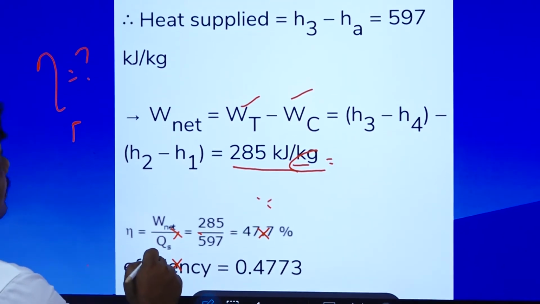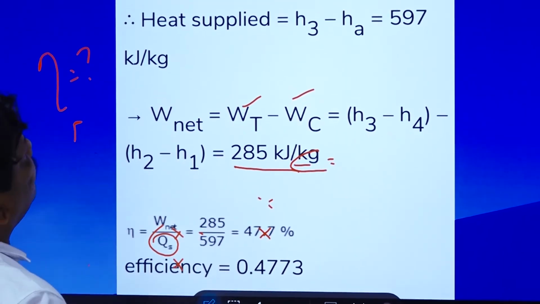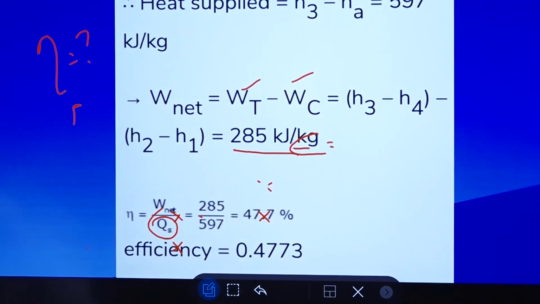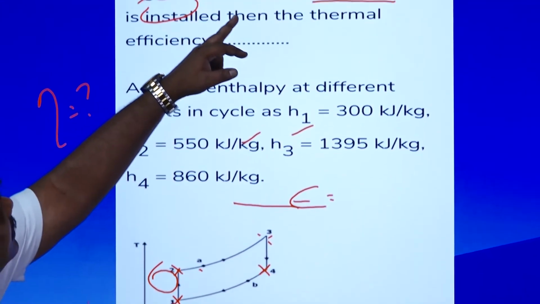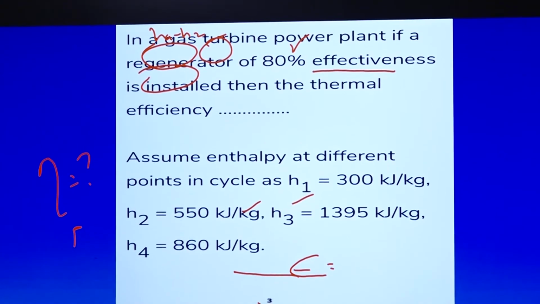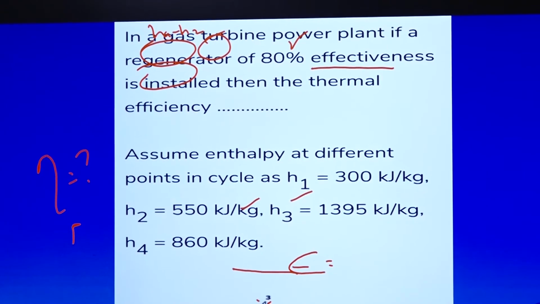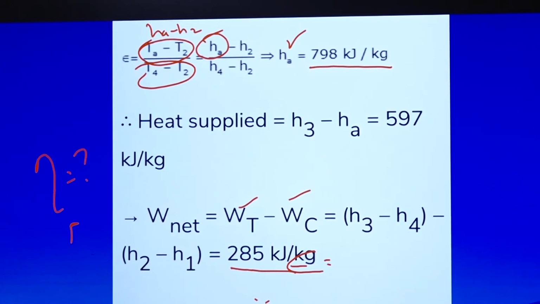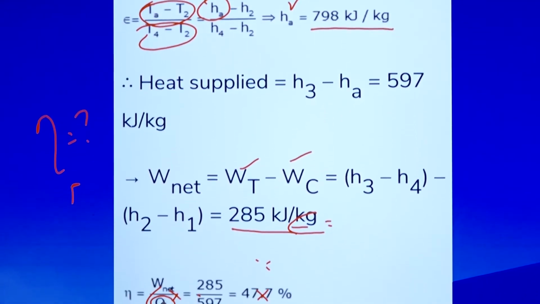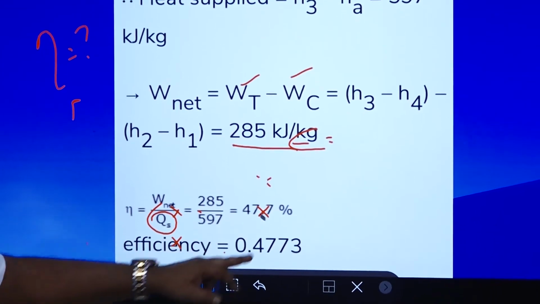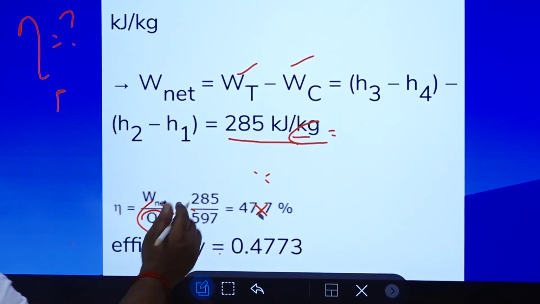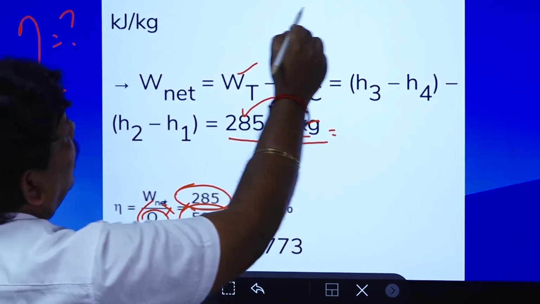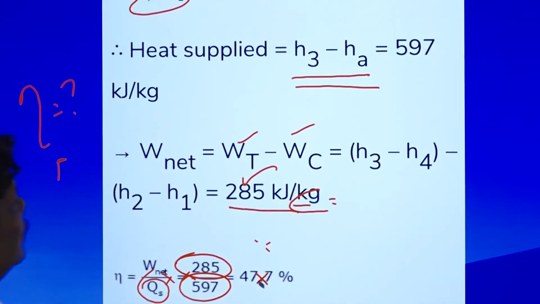So for the amount of heat energy supplied for this turbine power plant with a regenerator of 80% effectiveness, the value is 47.7%. 285 is the net work done and 597 is the amount of heat energy that is supplied.